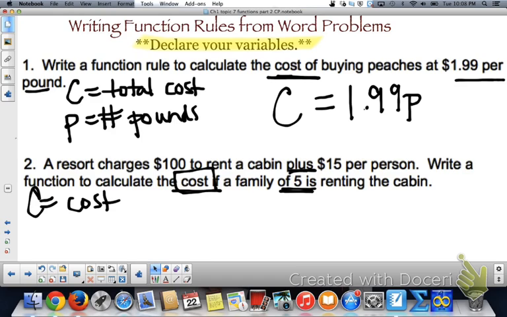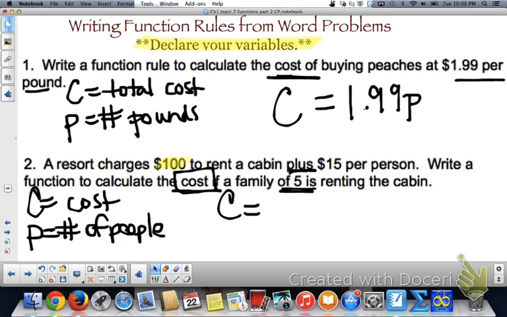But let's use P as our number of people. So our total cost is 100 plus 15 per person. So we're going to do 100 plus 15 times the number of people.